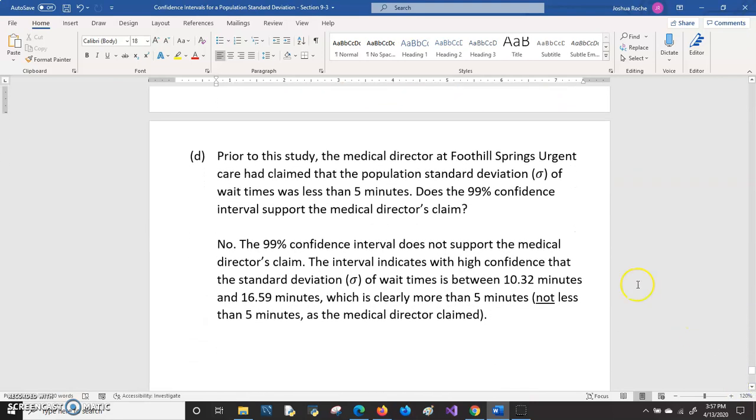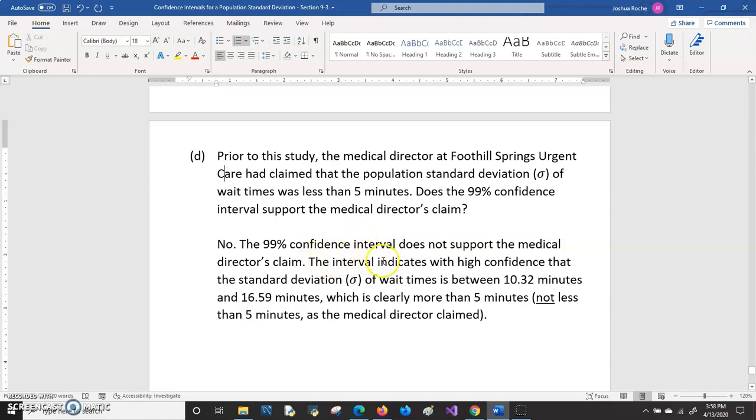Part D says, prior to conducting this study, the medical director at Foothill Springs Urgent Care had claimed that the population standard deviation of wait times was less than 5 minutes. Does the 99% confidence interval support the medical director's claim? Well, the answer is no. The 99% confidence interval does not support that director's claim.